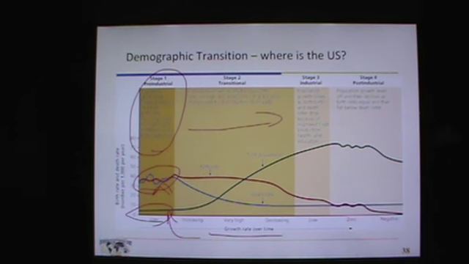You remember the exponential growth: the populations that are in transition increase rapidly, the growth rate becomes very high, and then the total population increases. But over time, it starts to decrease.